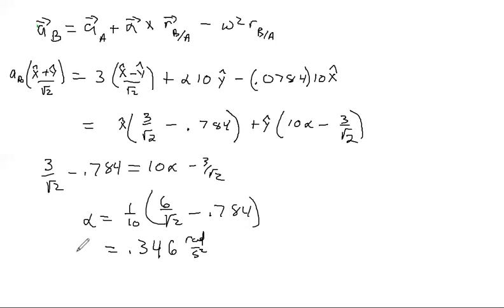Once we have alpha, then we can go back up here and plug in, and really you could use just the x component. You don't even need alpha to find that. So the x component here must equal the acceleration of B divided by square root of 2. So we get that the acceleration of point B, the coefficient, is square root of 2 times this quantity.